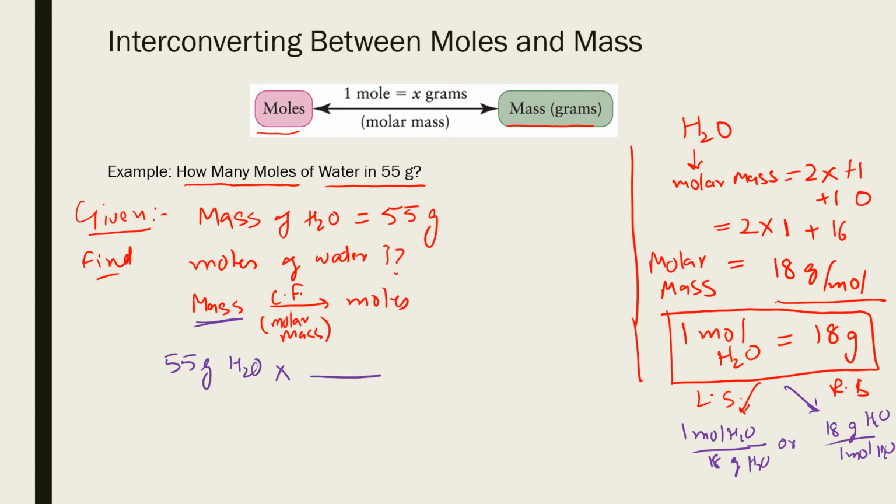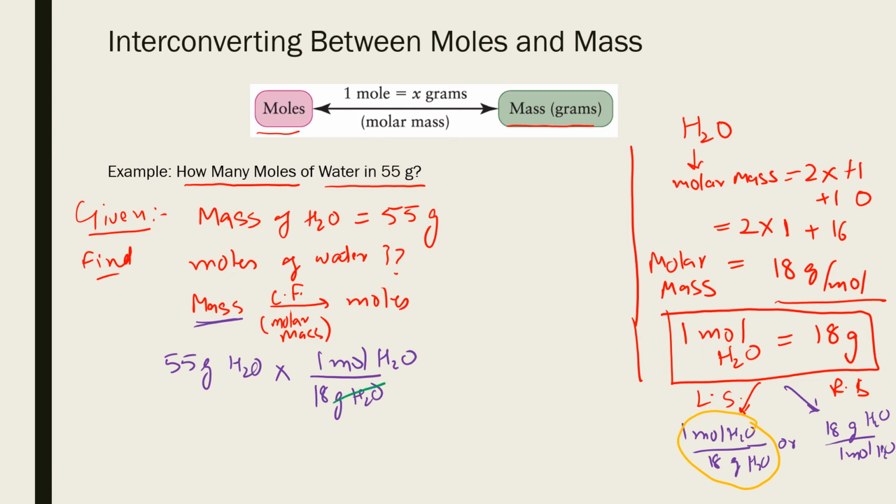So multiplied by the conversion factor. Now we need to use the conversion factor which has grams water in the denominator. Therefore the correct choice is this one, because that's where the grams water is in the denominator. So it will be 18 grams water down here and 1 mole water up here.